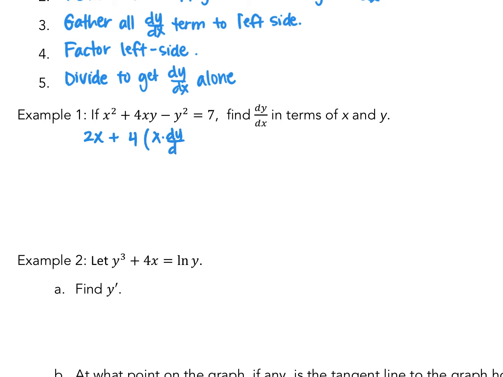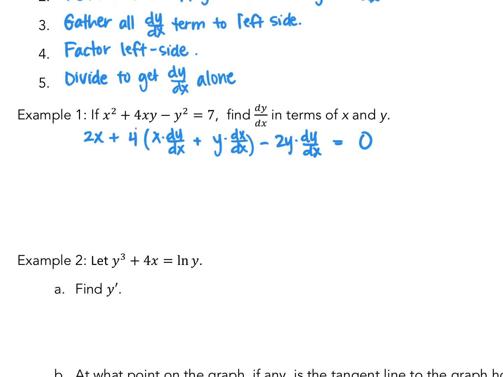So it'll be x times dy dx plus y times dx dx, which happens to be 1. Derivative of y squared. So that will be minus 2y, and then chain rule again, dy dx. And the derivative of the right side, because 7 is a constant, is 0.